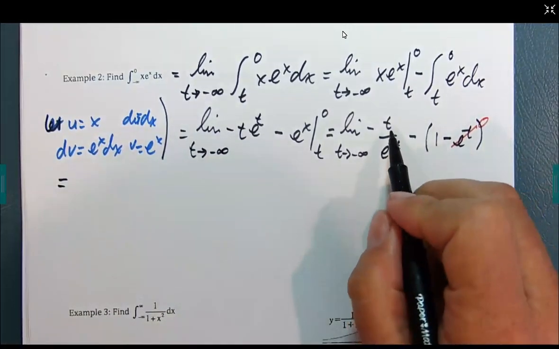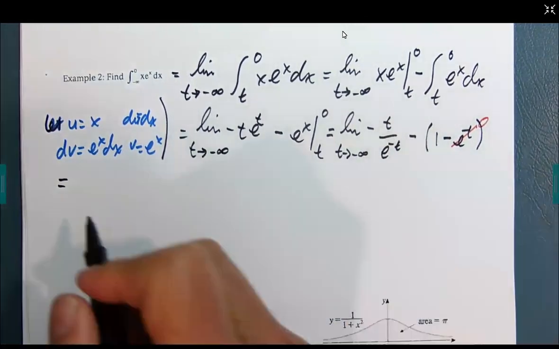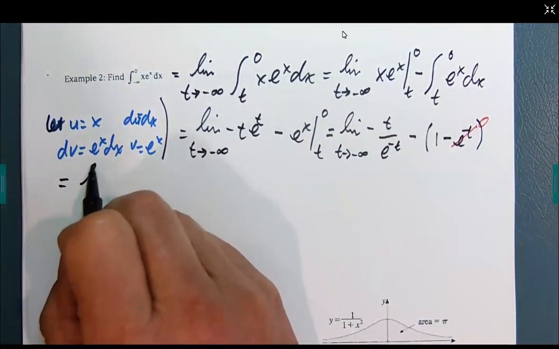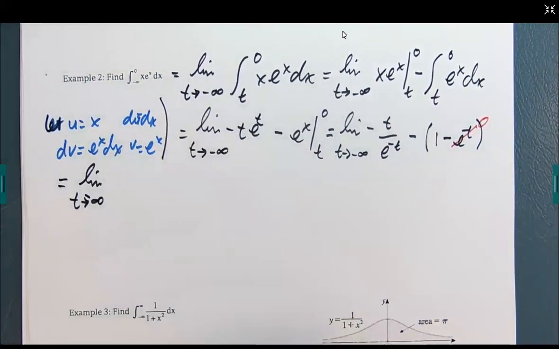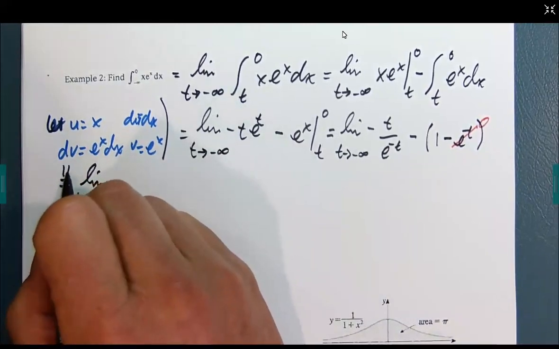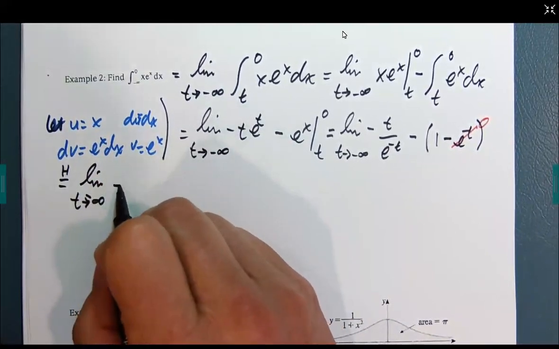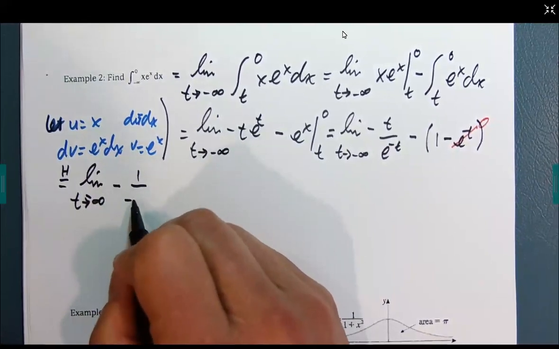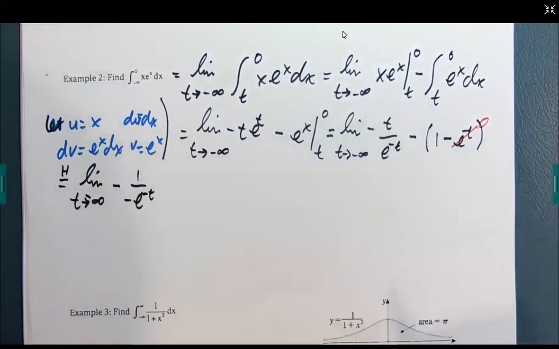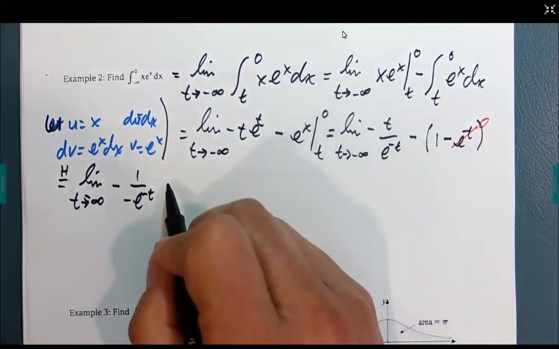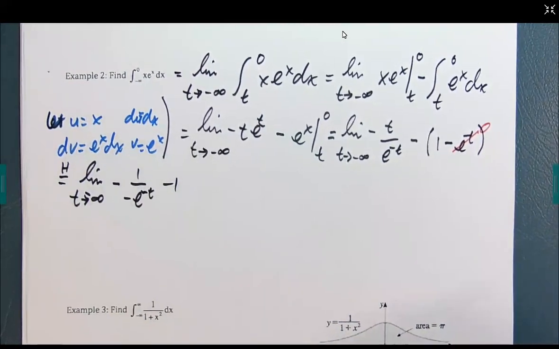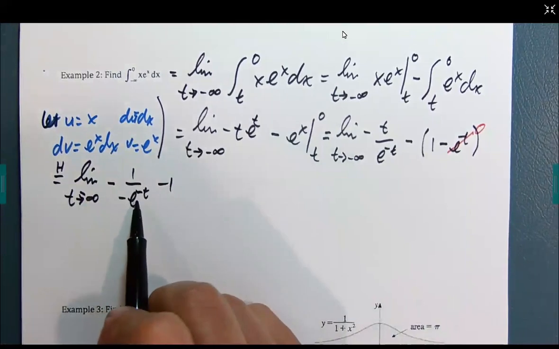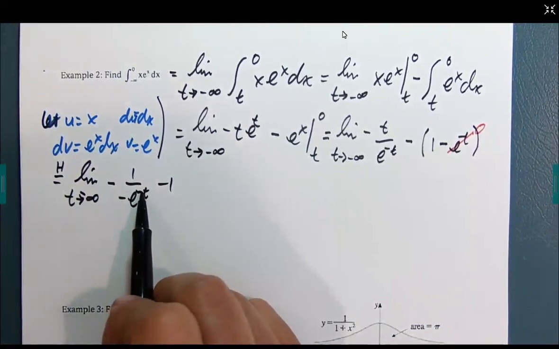Here, I'm going to get infinity over infinity, which means if I do apply L'Hopital's, that's going to give me negative 1 over negative e to the negative t, minus 1. And this is going to get a little confusing with all of these negatives here, but e to the negative infinity, so it's positive infinity.